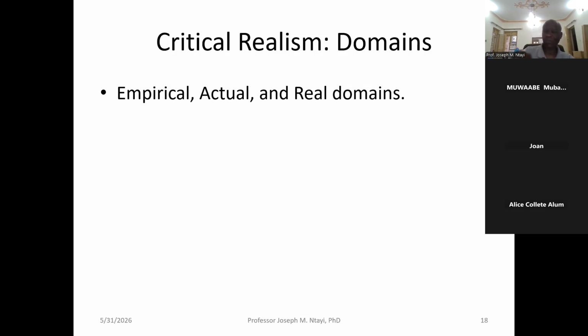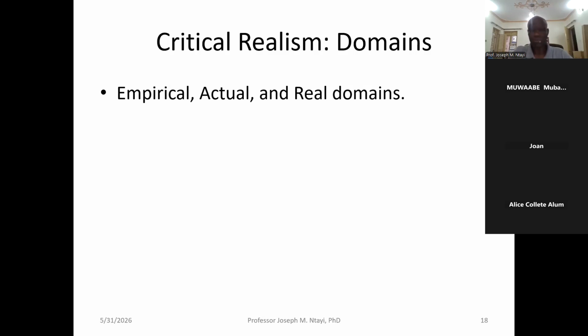And once you go through conceptual mapping very well, then you'll be able to come up with some kind of model that you can actually use. So those are the questions that we ask under critical realism: what does this phenomenon mean, or what variables predict this phenomenon, ladies and gentlemen?